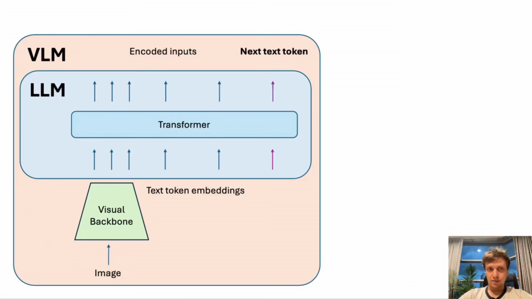And then if you take these two pre-trained models, pre-trained LLM, pre-trained visual backbone, and then simply attach outputs of the visual backbone to the inputs of the LLM, and then also train this model a little bit more on some extra tasks that include both image processing and text generation, you will get a VLM.